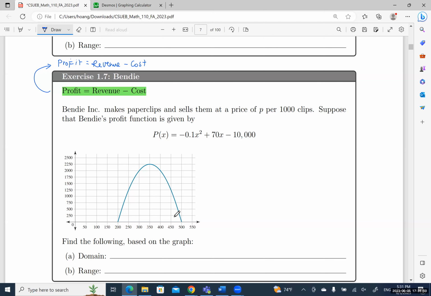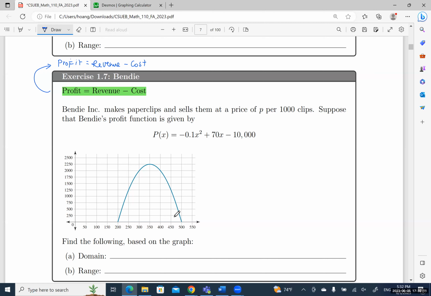Now back to the problem. Bendy's Inc. makes paper clips and sells them at a price of P per 1,000 clips. So P here is a variable, an unknown.